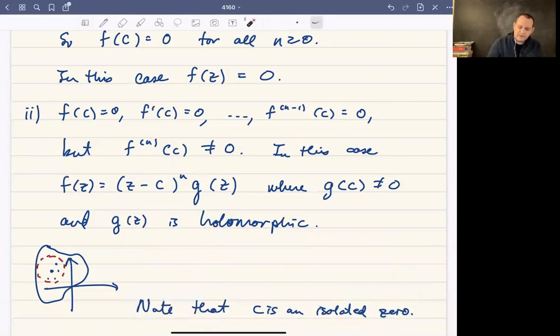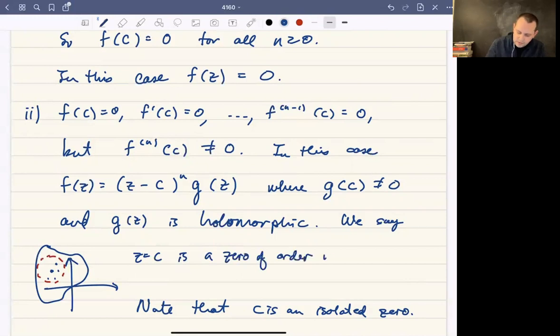In this case, if we can write f of z like this, (z minus c) to the n times g of z, where g is not 0 at c and where g is holomorphic, we say that c is a 0 of f of multiplicity n.